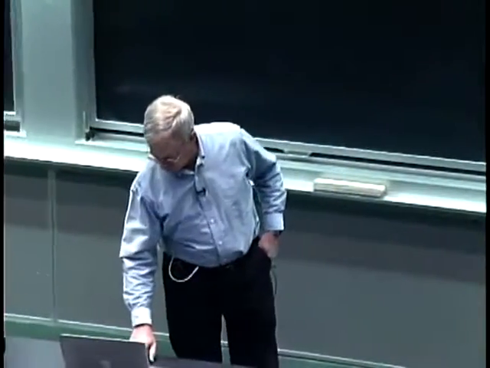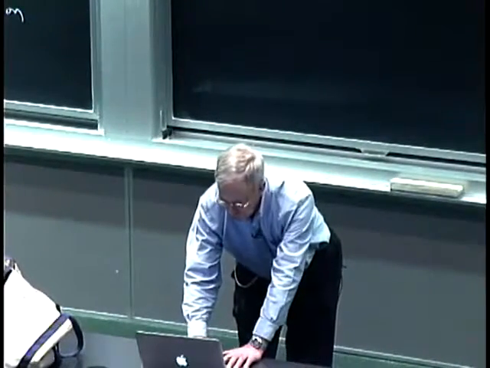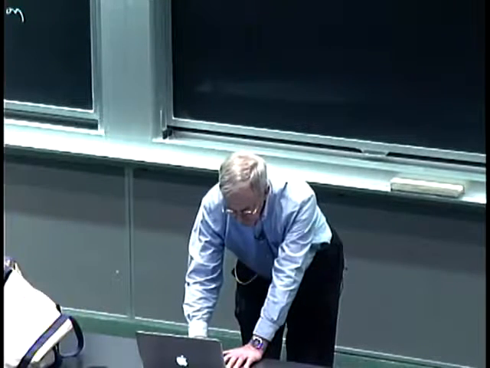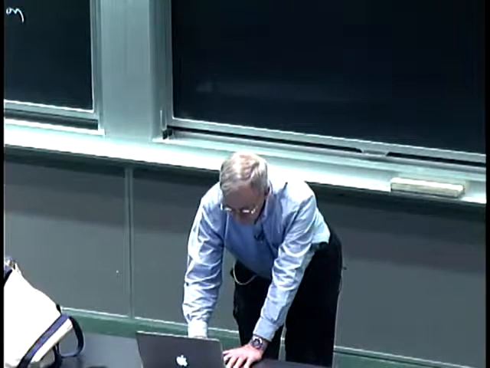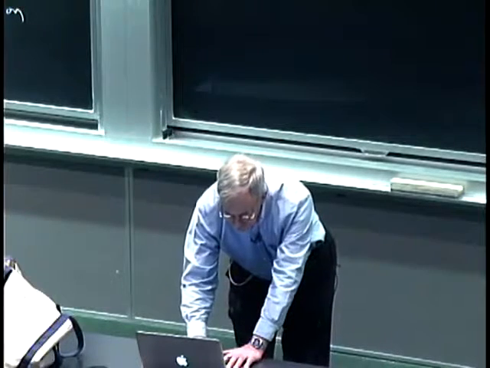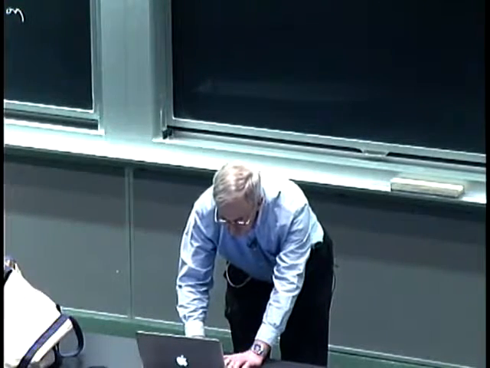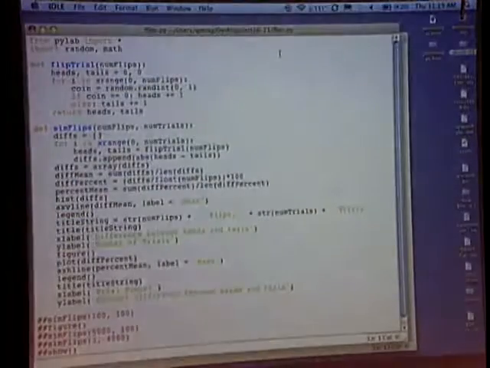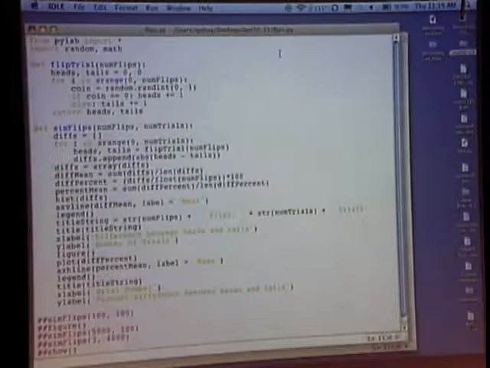And you might say if we did this 100 times and looked at the results, then we could make a decision about what would happen in general when we looked at the coin. So let's look at an example of doing that. So I wrote a little program. It's on your handout to flip a coin.